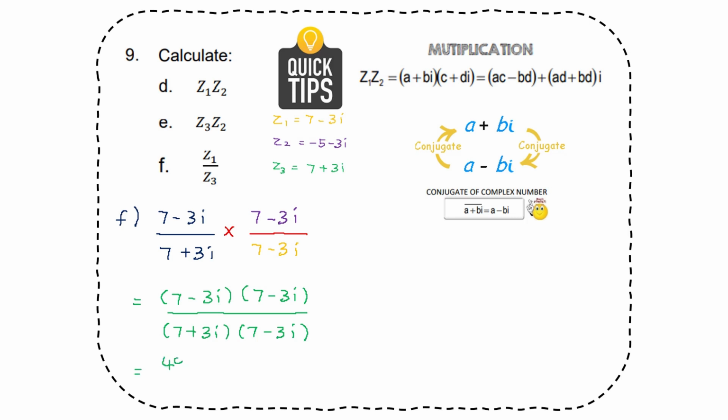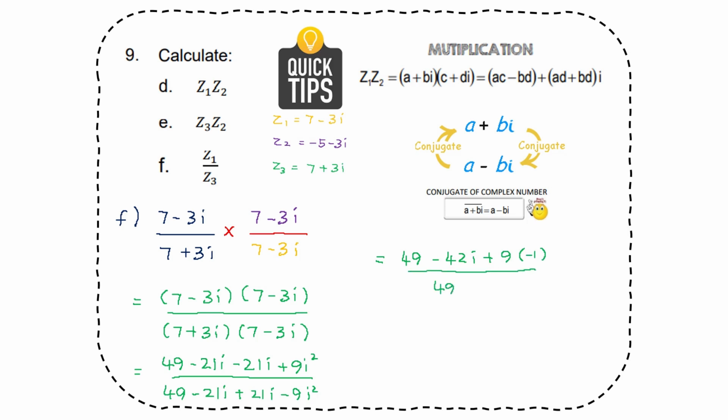We expand the bracket. We have 49 minus 21i minus 21i plus 9i squared over 49 minus 21i plus 21i minus 9i squared, and we will have equal 49 minus 42i plus 9 times by negative 1 divided by 49 minus 9 times negative 1, and we will have here 49 minus 9 minus 42i over 49 plus 9.